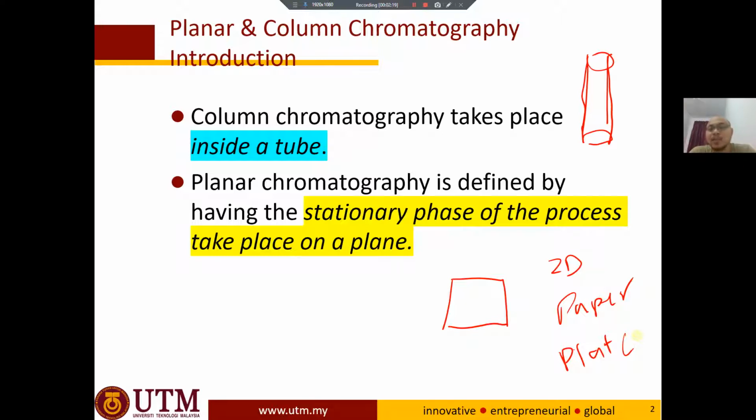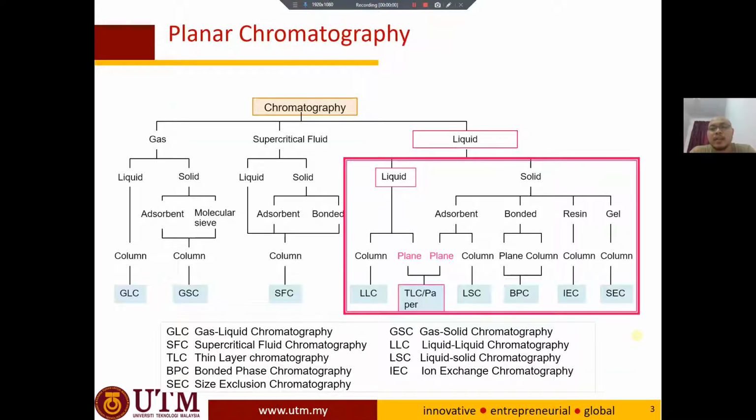Let's continue. The next one is just the description. Basically, it's not only planar chromatography. Here are planar chromatography and column chromatography, and they actually fall under liquid chromatography. Under liquid chromatography, we can look at the liquid stationary phase and the solid stationary phase.